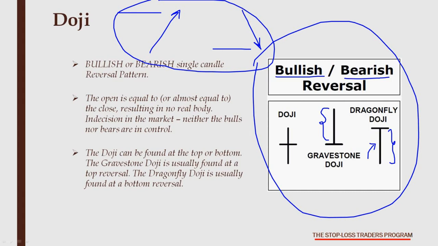Like a bullish reversal coming after a substantial fall in price is stronger than when it is coming after a rally in price. Okay, or in between the downtrend. Am I clear in that?